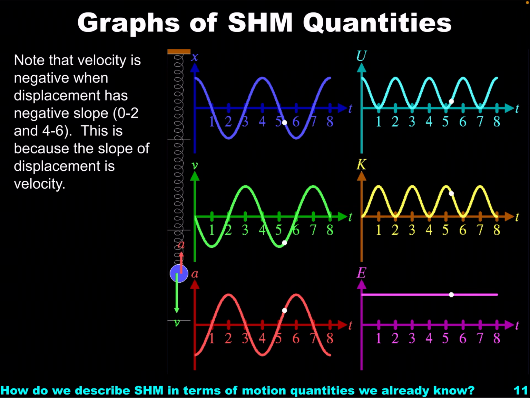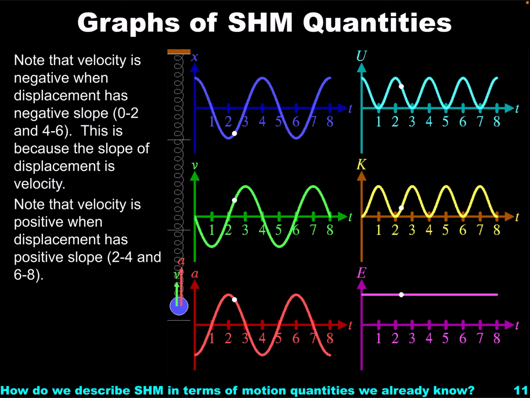Therefore, during this entire time interval, you have negative velocity in the graph below. Note that when velocity is positive, displacement has positive slopes. Notice in the blue graph, from 2 to 4 seconds and from 6 to 8 seconds have positive slopes, corresponding to positive velocity in the velocity green graph.